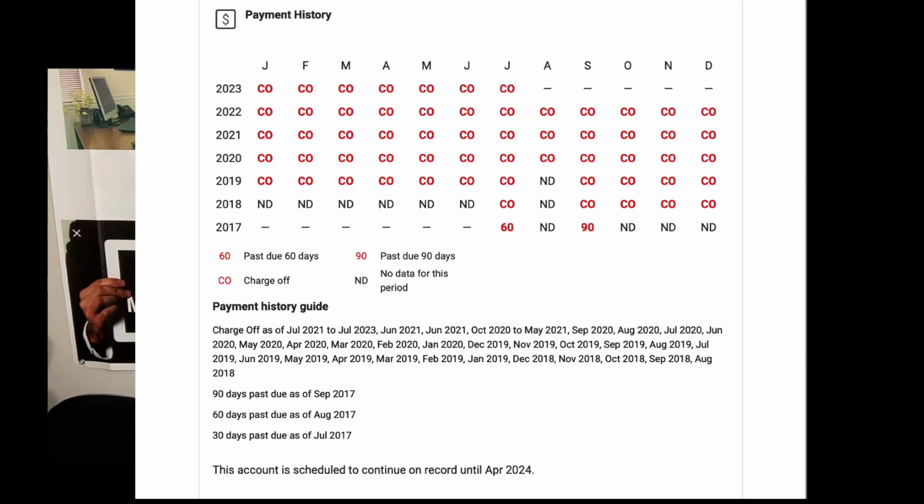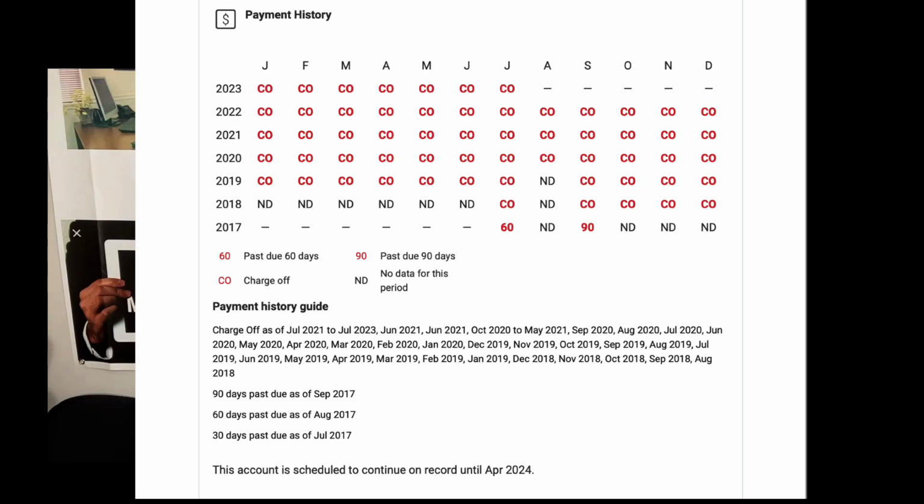Then if you go to the next one, it says 60 days past due as of August 2017. August 27th, there says no data. Then if you look at the next one, 90 days past due in September, data is accurate. But you're missing almost a whole year of reporting. This account is incomplete and it's inaccurate. Both things apply to this account.